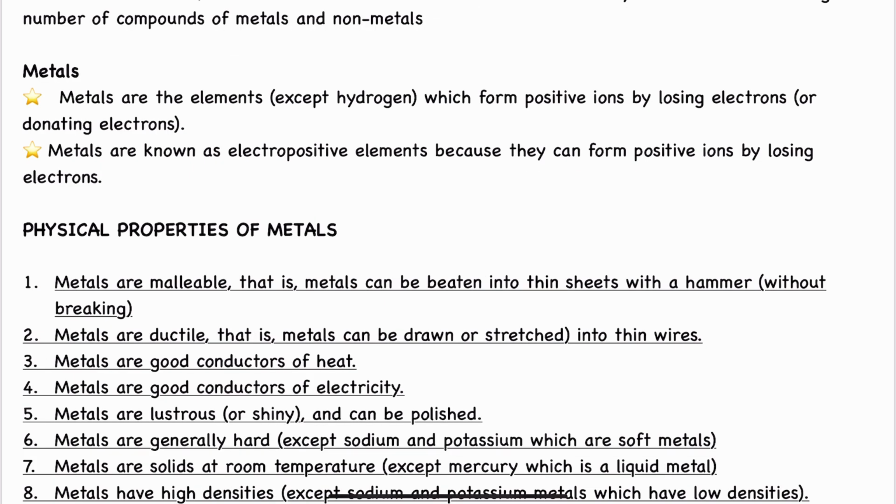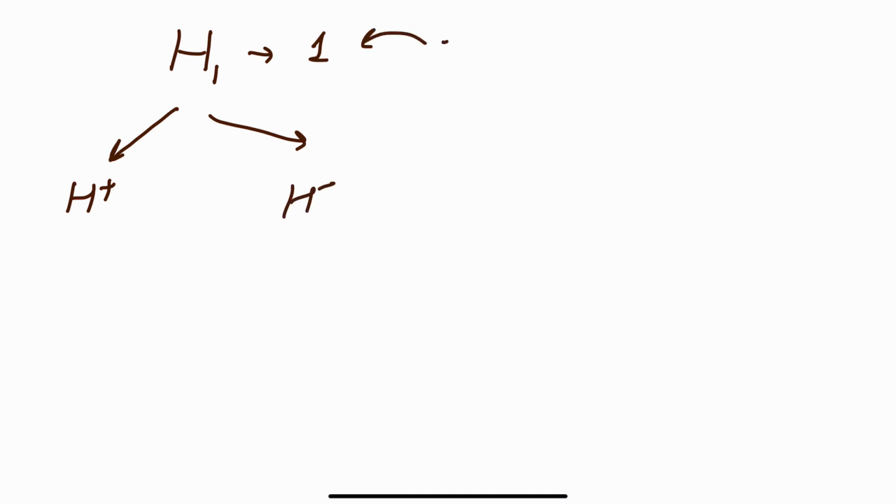Coming to metals, metals are elements, except hydrogen, which form positive ions by losing or donating electrons. Now, coming to hydrogen, the atomic number for hydrogen is 1 and it has only 1 electron. Hydrogen can form H positive by losing an electron and H negative by gaining an electron.